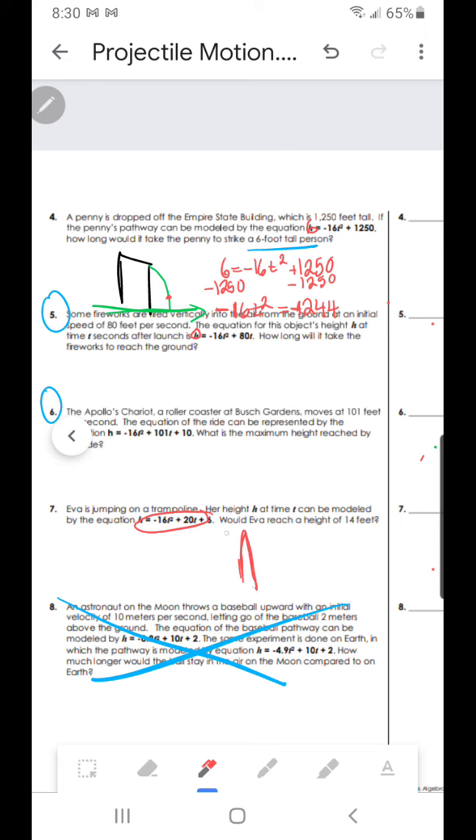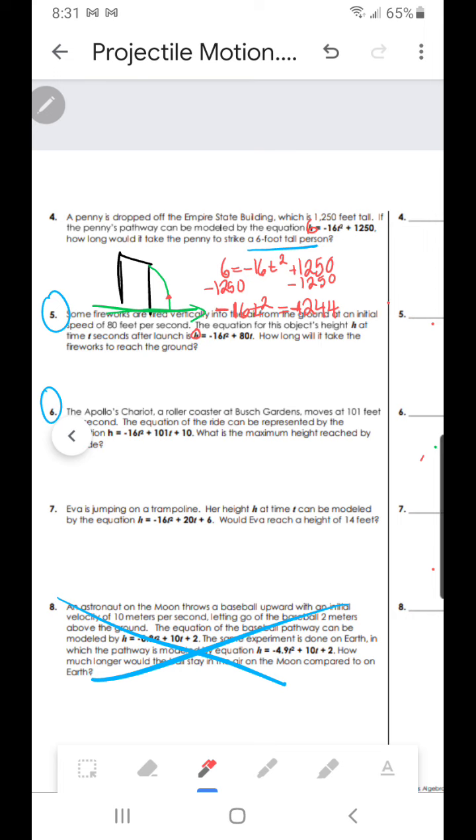They want to know, will her maximum height reach 14 feet? Maybe she'll reach 16 feet, I don't know. But if I want to talk about how high she's going to go, let's find her maximum height.